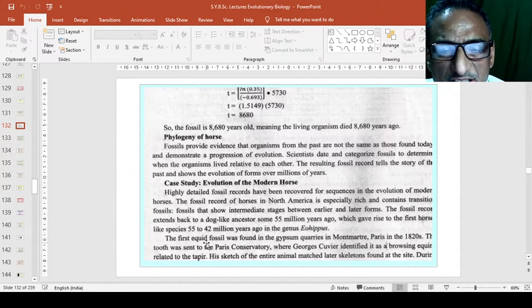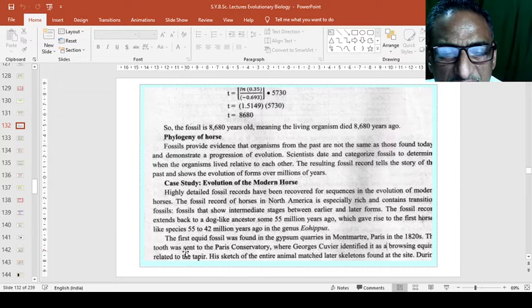The first equid fossil was found in the gypsum quarries in Montmartre, Paris, in the 1820s.